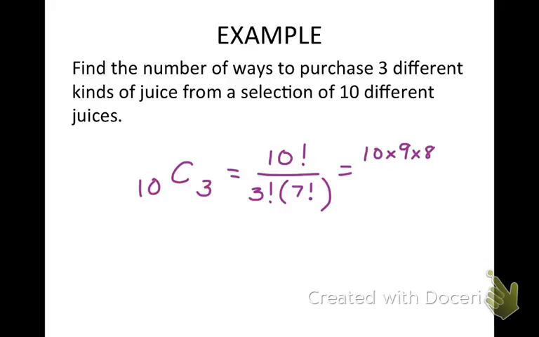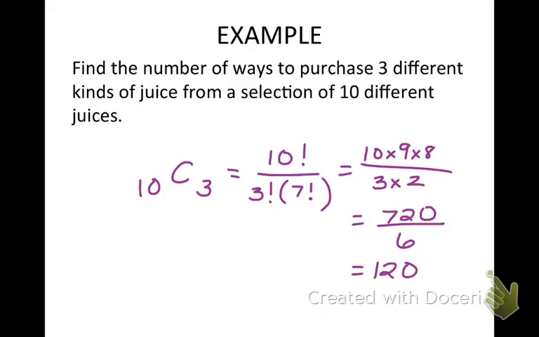All over 3 factorial, which is just 3 times 2 times 1. I don't really need the 1. So what does that get us? 10 times 9 times 8 is 720. 3 times 2 is 6. Divide it, and we get 120 different ways we could purchase those juices.